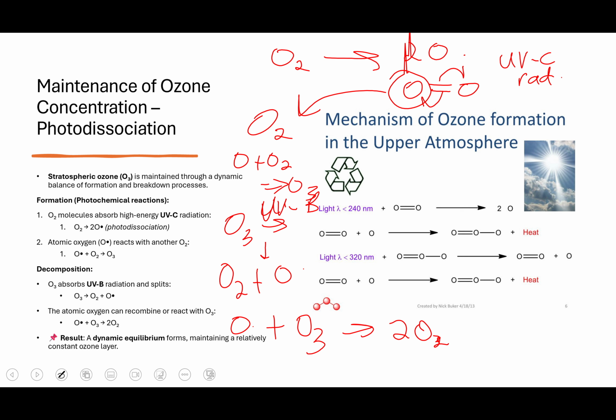That is the formation. With the decomposition, we take the ozone and use UVB radiation to break it into molecular oxygen and atomic oxygen, and then the atomic oxygen reacts with ozone to produce 2 moles of molecular oxygen. So we must know the formation and the decomposition of ozone.